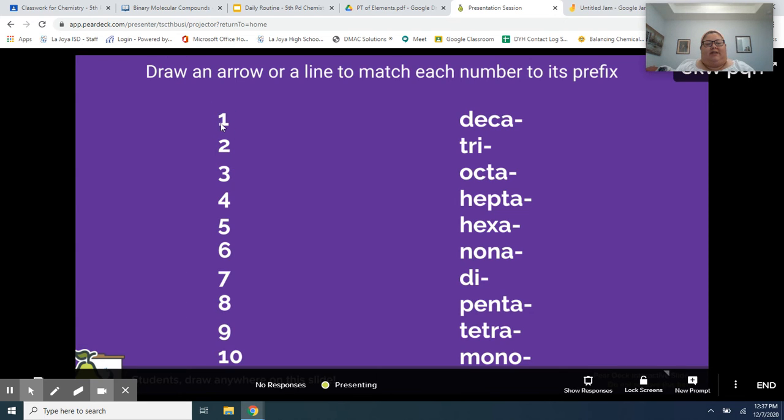So if I have 1, according to the picture before, that was mono. So I would draw a line from this 1 all the way to the very bottom. 2, di. Thank you, Melissa. Which one's 3? Tri. 4?